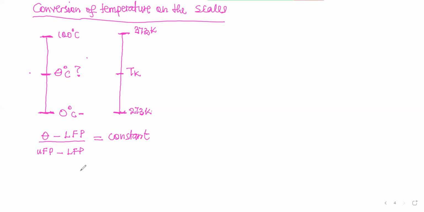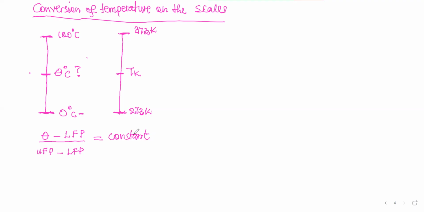This ratio must be equal to a constant. So this theta on the Celsius scale minus the lower fixed point, then divided by upper fixed point minus lower fixed point must be equal to a constant value.